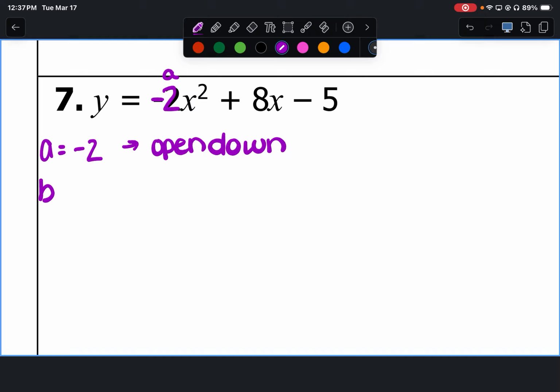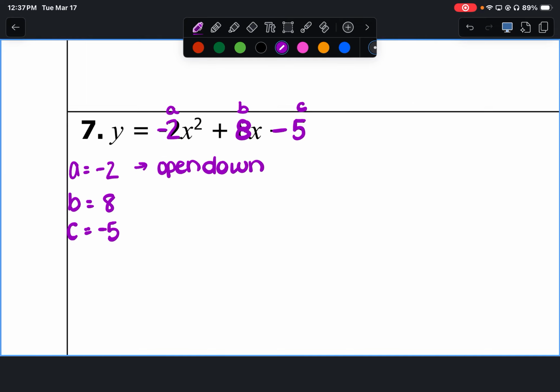For our B, what is our B? 8. It is 8. What is our C? -5. So we already know our A, B, and C, and we know that it opens down.